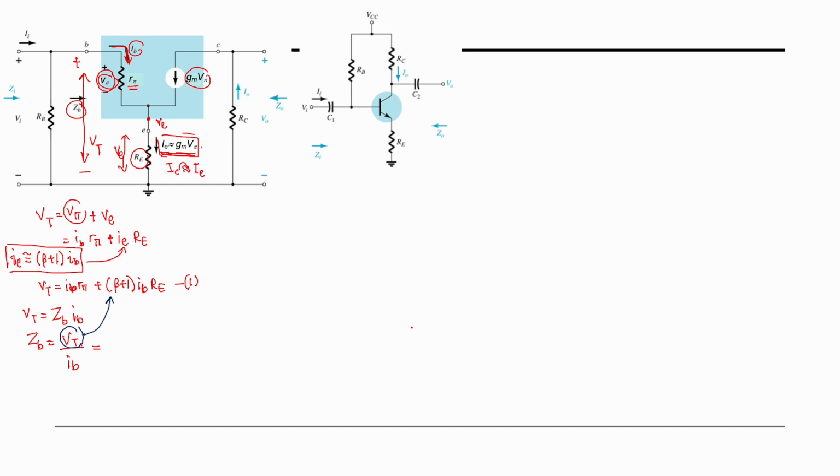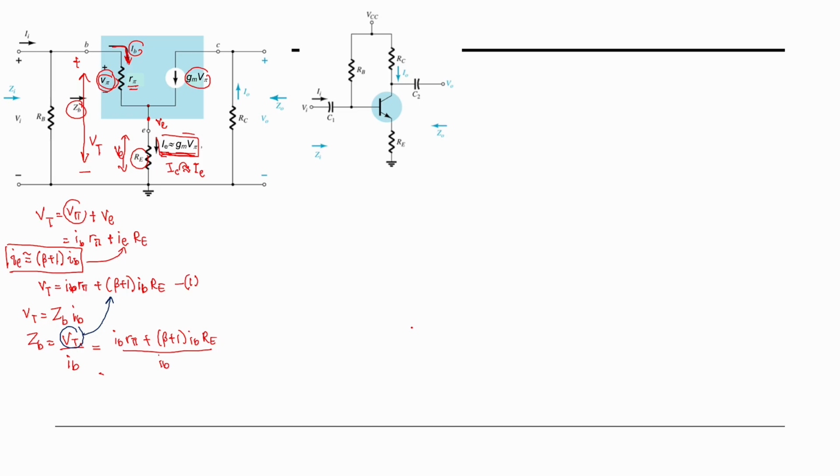So therefore, we can rewrite our equation, because we cannot use VT, since we don't have the value of VT. So to find the value of ZB, it will be IB R pi plus beta plus 1 IB RE over IB.